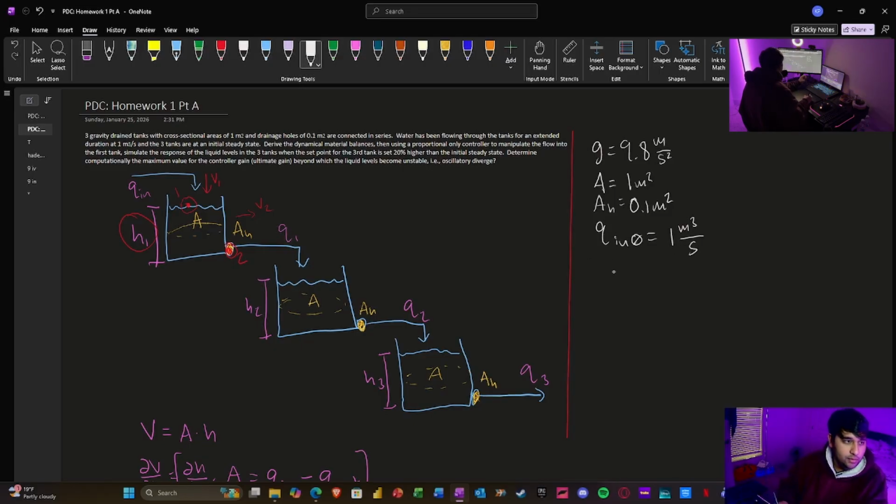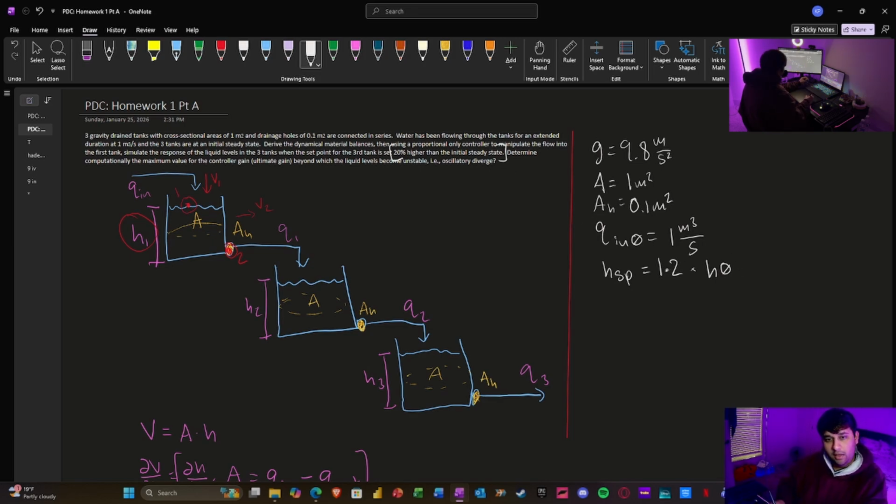And then it also states the set point, which we're going to call HSP. In this term, we're going to call this 1.2 multiplied by the initial H naught value, because it says it is 20% higher than the initial steady state.